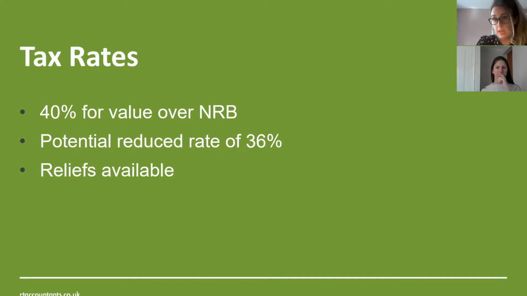So you can state that in your will, or it can be elected for after your death by the executors and the beneficiaries if they all agree through a deed of variation. There are also reliefs available and certain exemptions, so not all assets are taxable, and we'll come on to some of those a little bit later on.